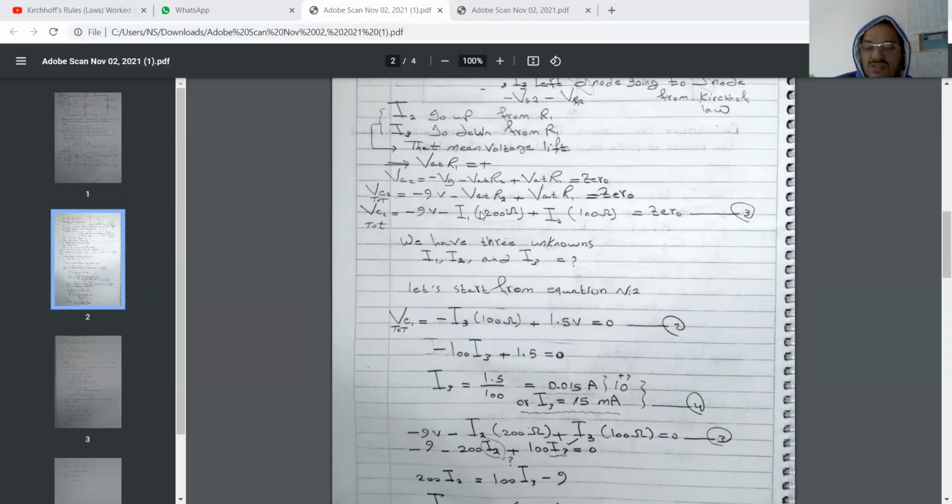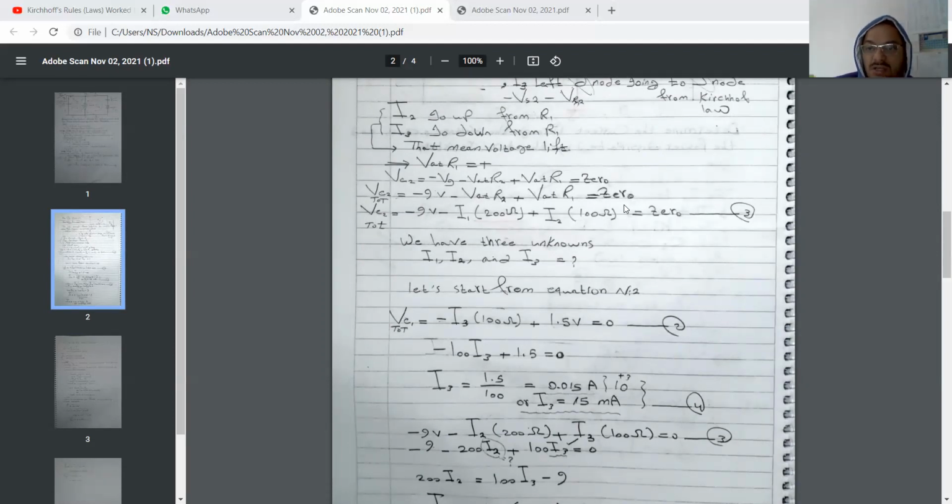Now, from Ohm's law, the voltage at R2 equals I1 times resistance 2, I1 times 200 ohm, plus the voltage at R1, which was current 2 times 100 ohm, equals 0. Now, we have three unknown currents: I1, I2, and I3.